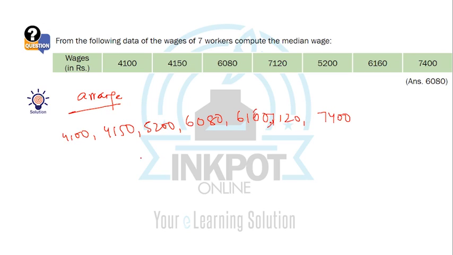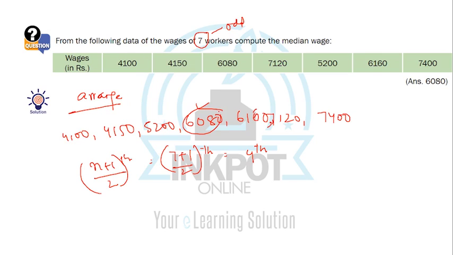If you find out, the number of observations are 7, it's clearly a case of odd data. The formula is n plus 1 upon 2th observation, which is 7 plus 1 upon 2th observation, which is equal to 4th observation. So 4th observation is 6080 and that is your median.